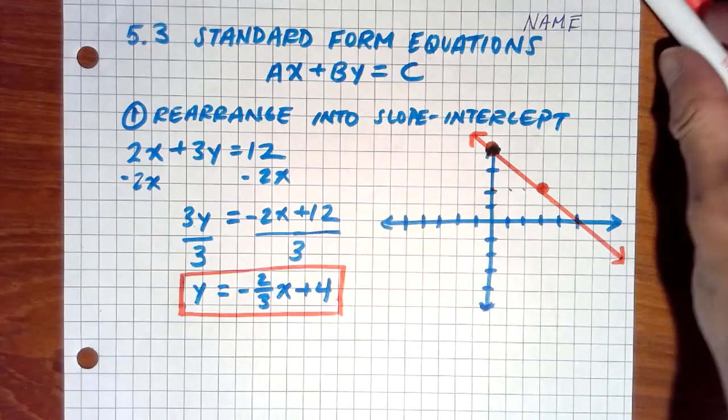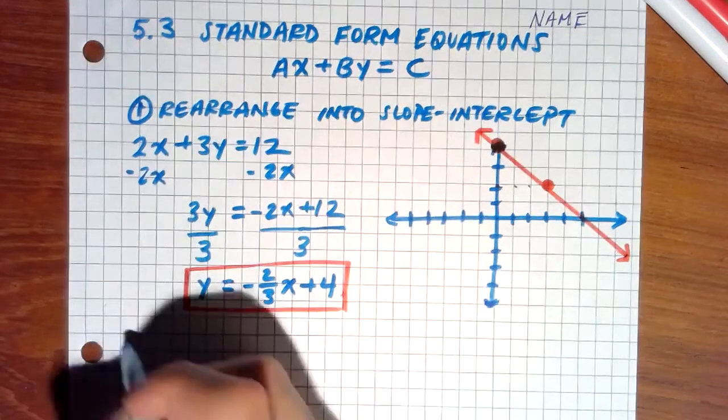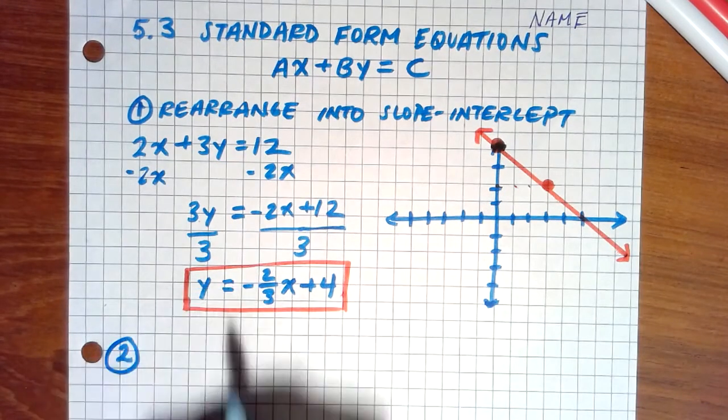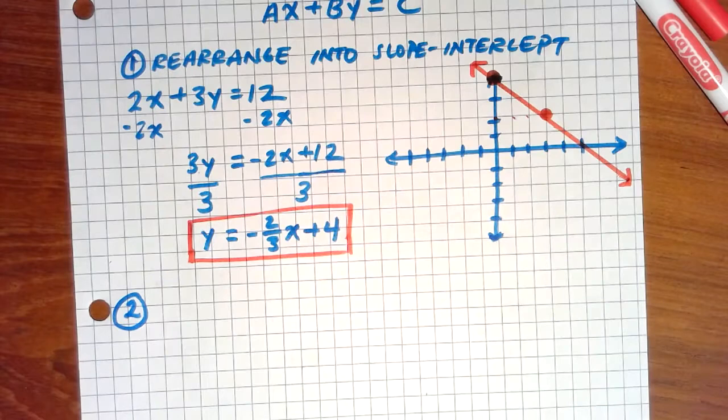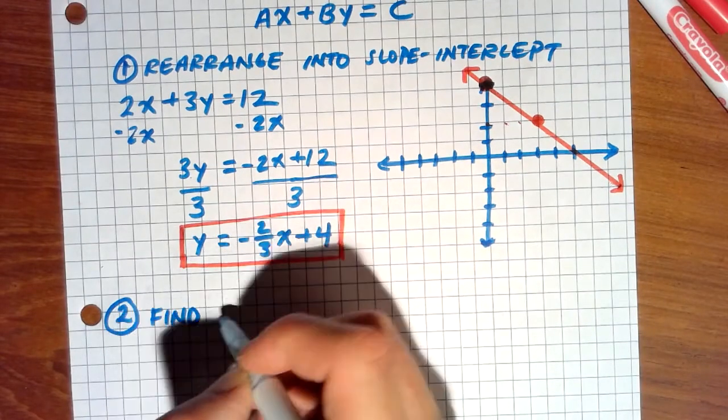When you have a standard form equation, another way that you can graph it, and a lot of times this is actually the faster way, is you can find the x and y intercepts.